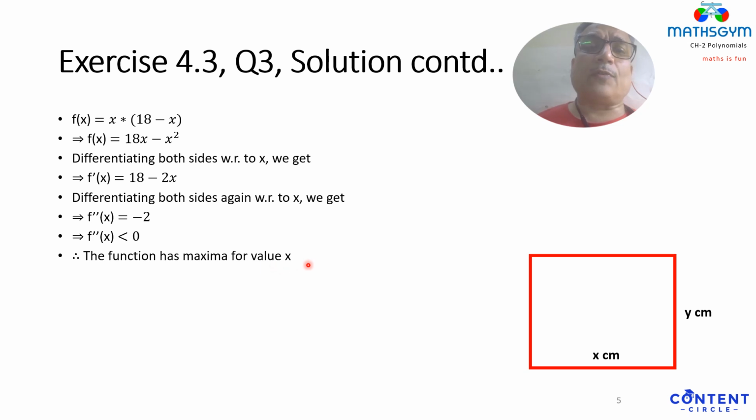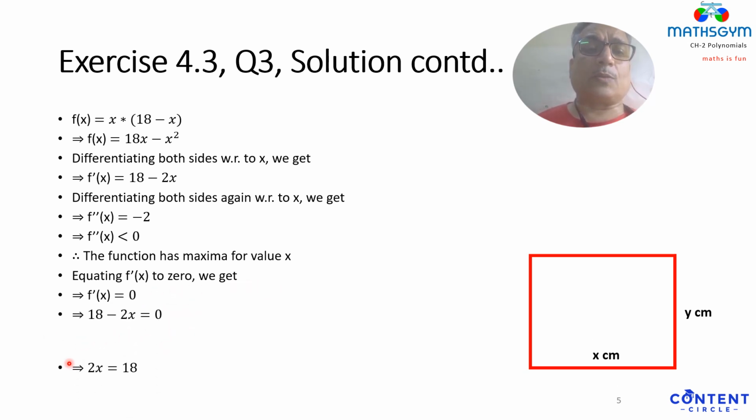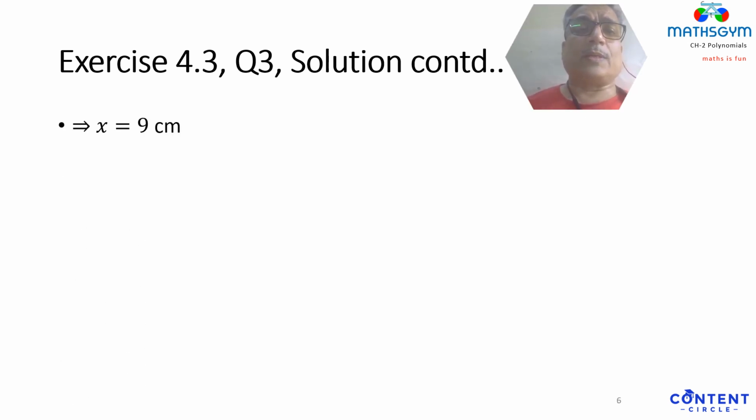How do we get the value of x? We equate f dash x to 0 to get the extreme values. So equating f dash x to 0, 18 minus 2x is equal to 0, which gives us 2x is equal to 18 and x is equal to 9. Now when we have got x is equal to 9, what is going to be our f double dash 9?